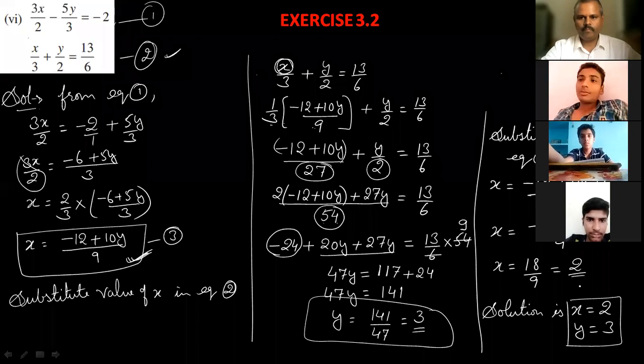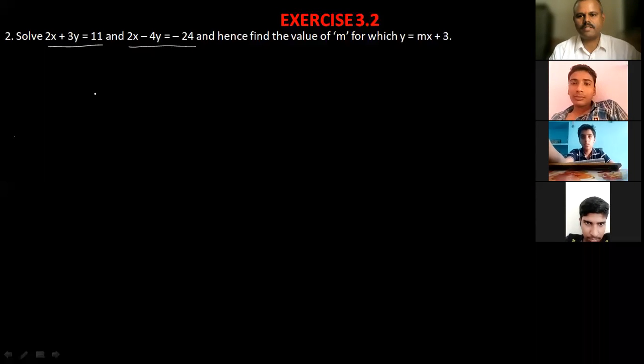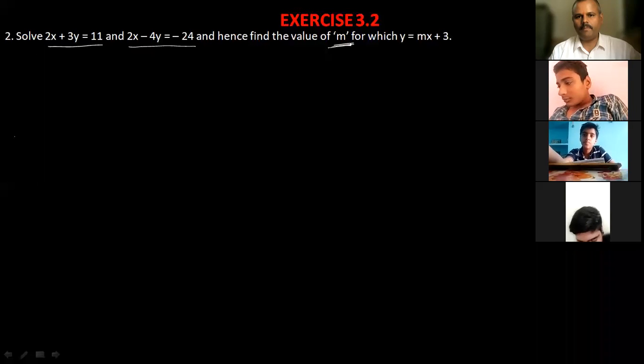Anyway, so this is your next question, which says solve 2x plus 3y equals 11 and 2x minus 4y equals minus 24. Hence, find the value of m for which y equals mx plus 3.